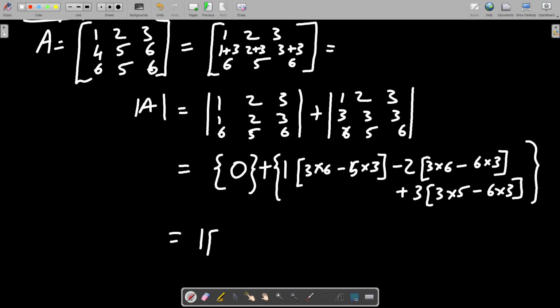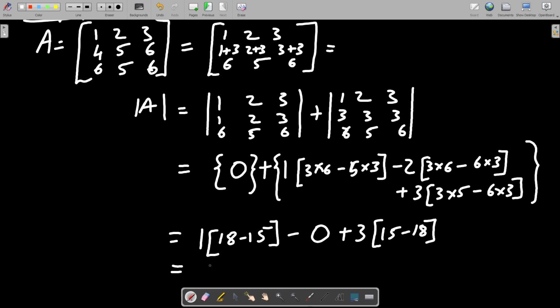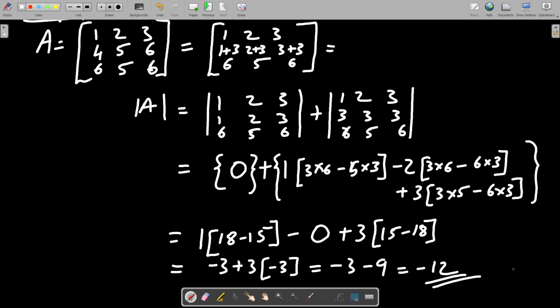So this is going to come 1 into 18 minus 15. This is going to become 0 because 3 into 6 minus 6 into 3. So this will become 3, 5 3s are 15 minus 18. 18 minus 15 is 3, plus 3 times 15 minus 18 will give you minus 9. This will leave you with 3 minus 9 is equal to minus 6. This is your final answer.